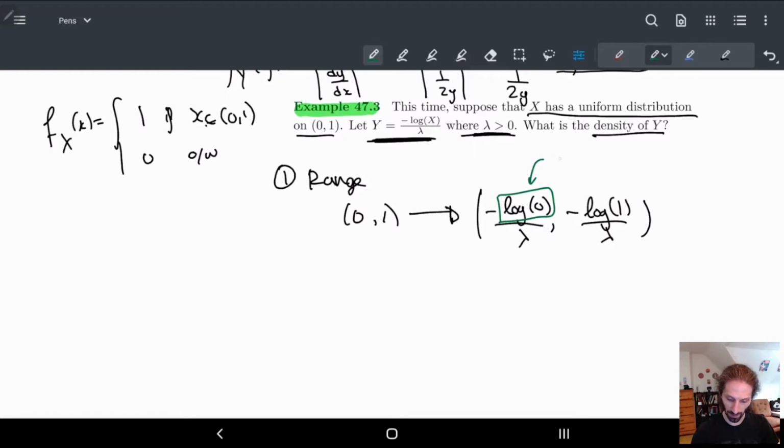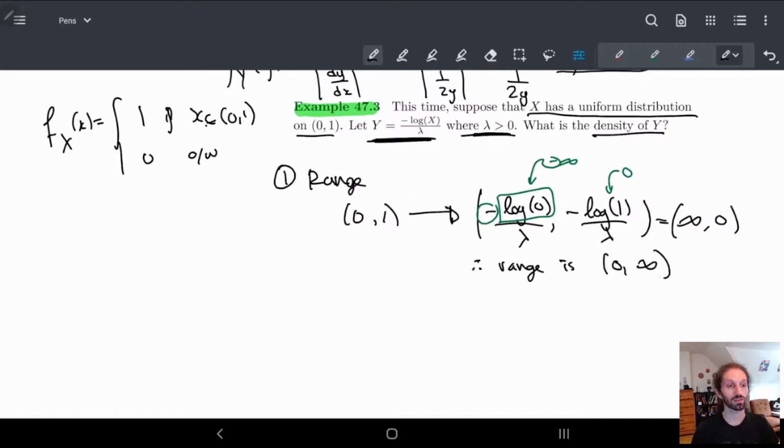And since it's minus infinity, minus times minus gives me positive, right? So this is equal to infinity. And then log of 1 is 0, and 0 times anything is just 0. So we get 0, right? So in other words, our range is from 0 to infinity.